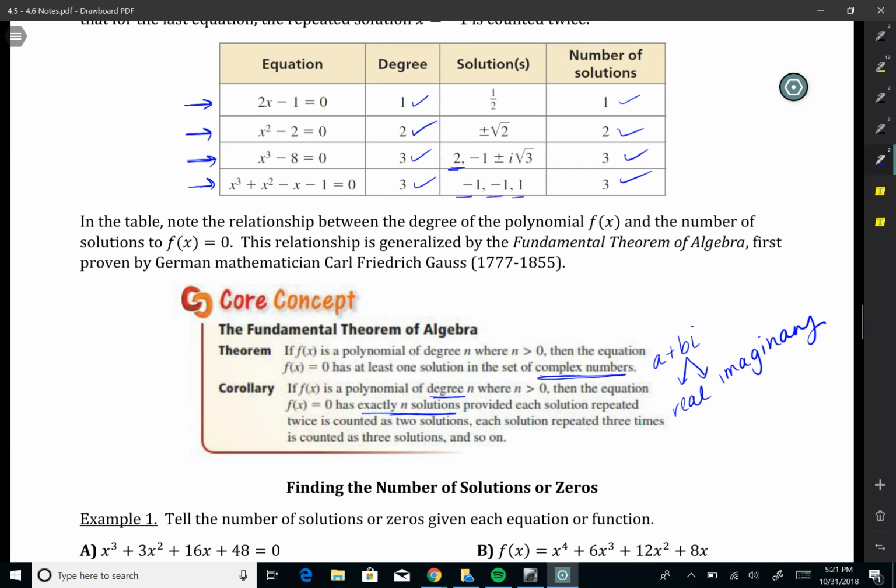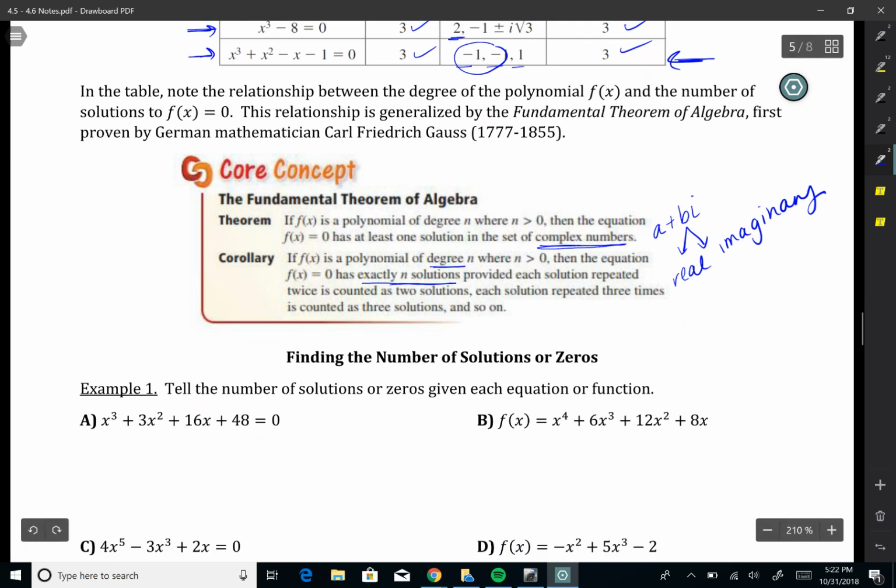Similar to our last equation here that had -1 repeating itself twice, so that counted as 2 solutions for a total of 3. So basically, the fundamental theorem of algebra is this: the degree equals the number of total solutions.